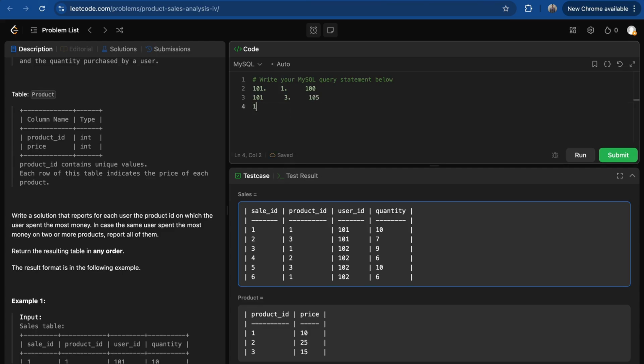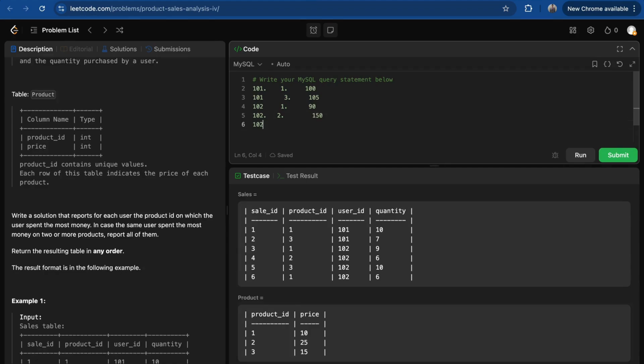Now let's look at user ID 102. He bought 9 quantity of product ID 1, so in total he spent 10 times 9, $90. For product ID 2 he bought 6, and he spent 25 times 6, which comes to 150.